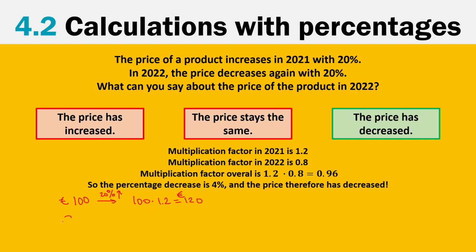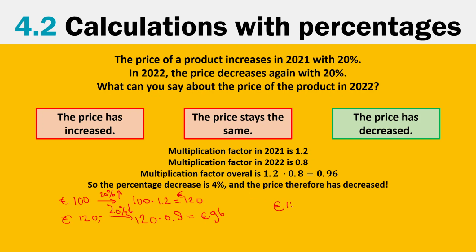But if I'm now going to have a decrease of 20%, and hopefully you see that this 20% is now not applied to 100 but to 120, and that means that because it's applied over a bigger number here, also the decrease is now bigger, and you see indeed that I now end at 96%.